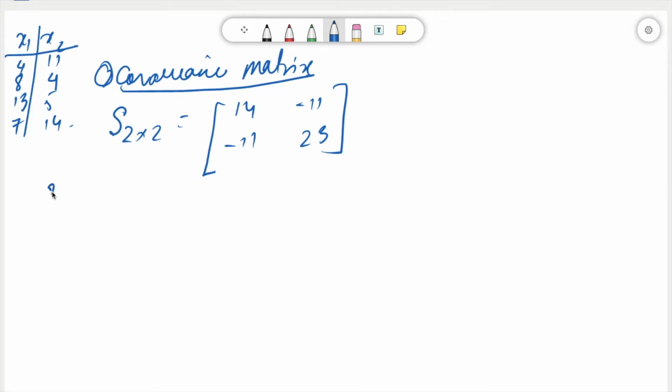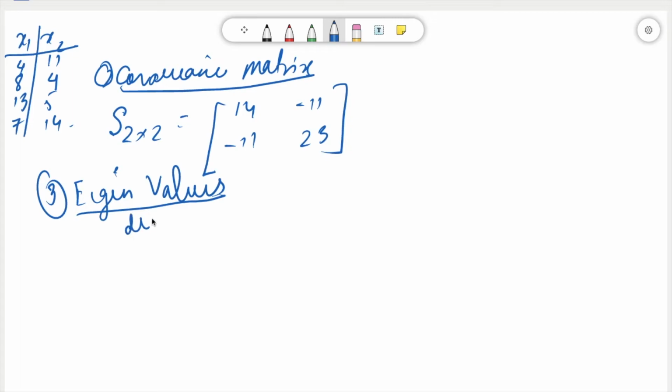Okay, so this is the calculation of eigenvalues. After calculating the covariance matrix, we'll find the eigenvalues. We have the formula determinant of S minus lambda I equals 0. Very simple.